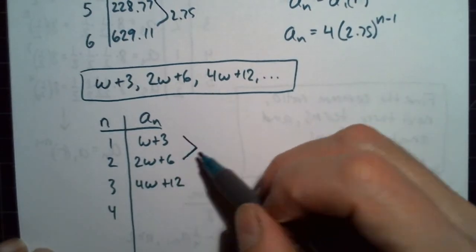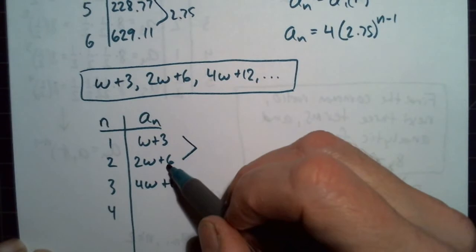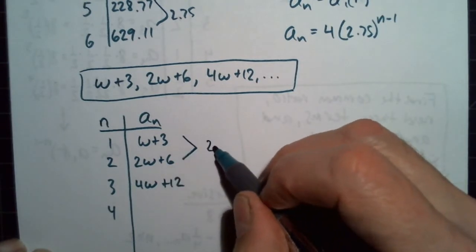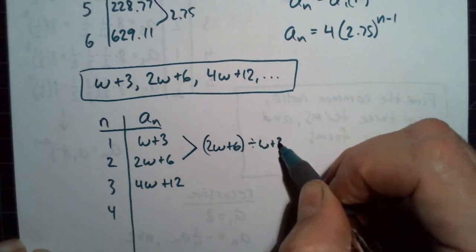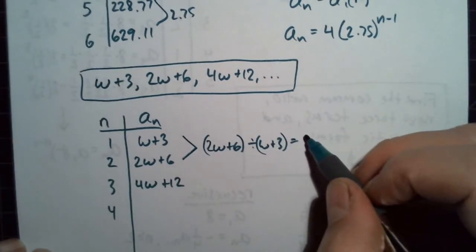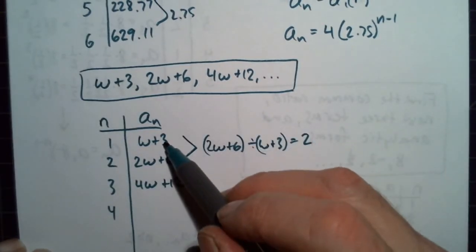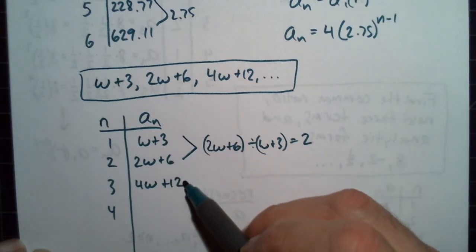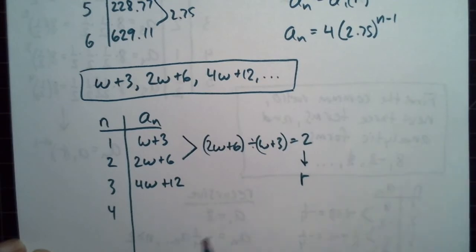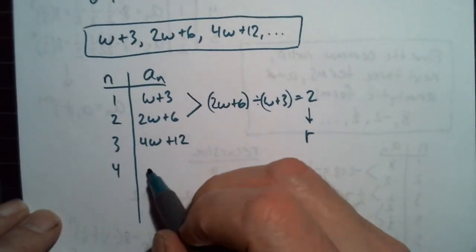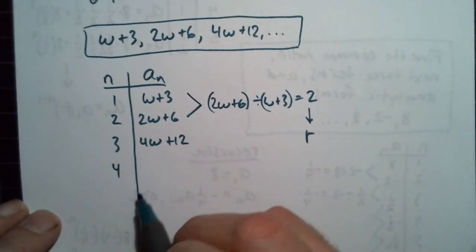And we want to look for what is 2w plus 6 divided by w plus 3, and that equals 2. We can see that we're multiplying this by 2 to get there, times 2 times 2, so we know that 2 is the common ratio, and we could find the remaining terms.